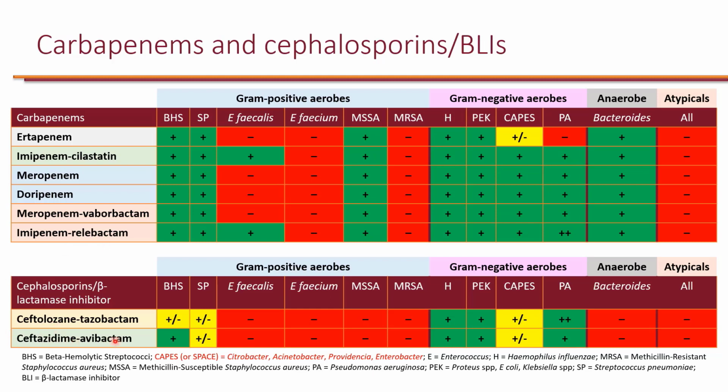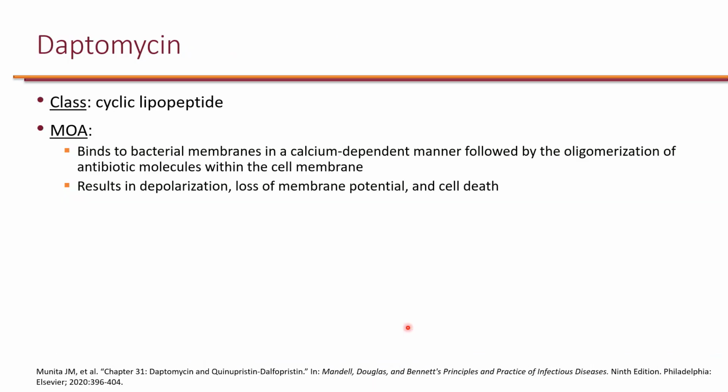So it really had a big role when we had Enterobacterales that were resistant to carbapenems. Ceftazidime-avibactam would have been the only drug of choice at the time, but nowadays we have these carbapenem combinations with beta-lactamase inhibitors, so we have several options now for carbapenem-resistant Enterobacterales.